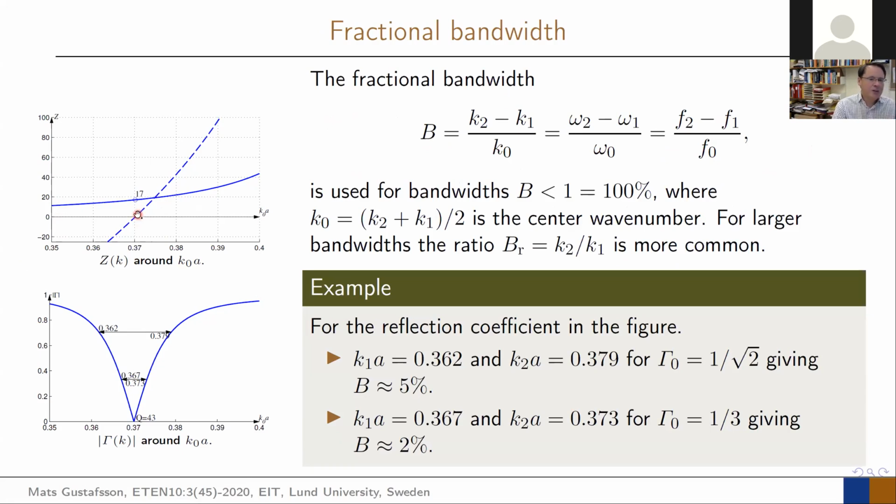Then I can say now, if I'm taking half power bandwidth here, which is reflection coefficient 1 over square root of 2, because that means that half the power is reflected, I will get 5% bandwidth. If I take 1 over 3 instead, I get 2%. So the fractional bandwidth depends on the threshold that you have for your matching in some ways. And by using Q factor, you can avoid that.